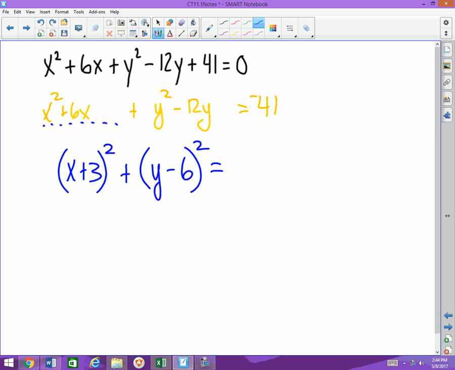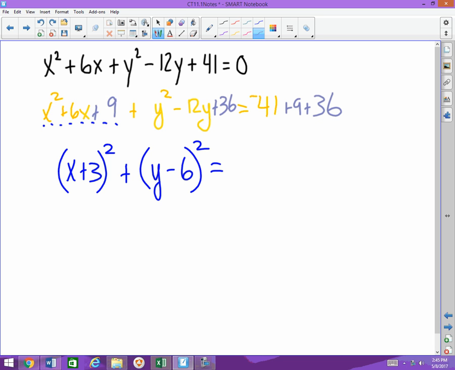And so what had to happen in order for those two things to take place, we had to add a 9 there and a 36 there. So we have to add 9, add 36. How about we do some math properly? 6 squared is 36.